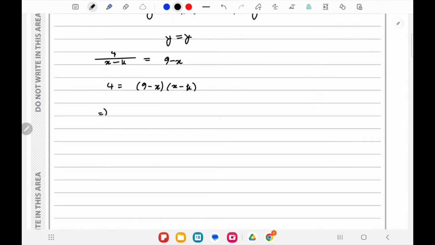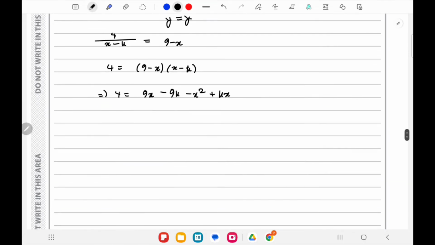So we'll get 4 equals 9x minus 9k minus x square plus kx. Now if we move it to the left hand side, we'll get x square plus minus k plus 9 x plus 9k plus 4 equals 0.